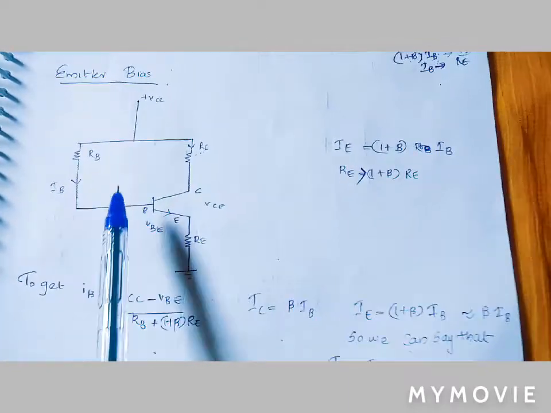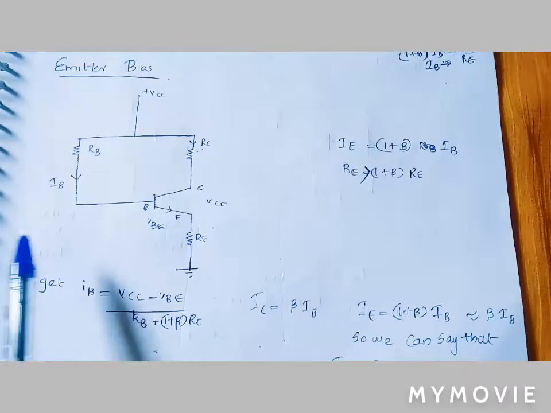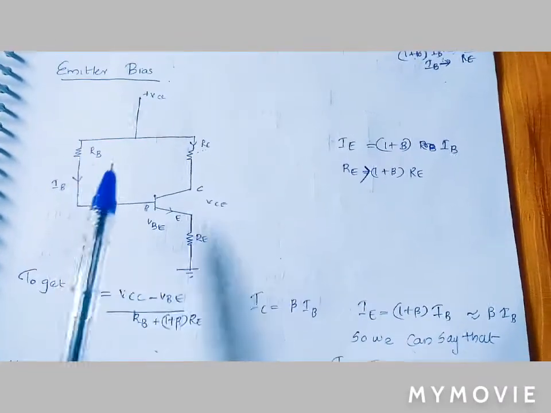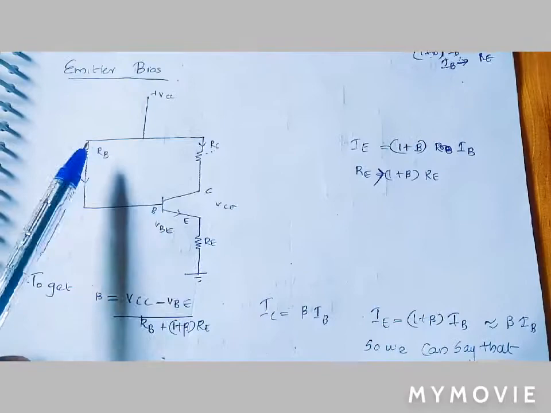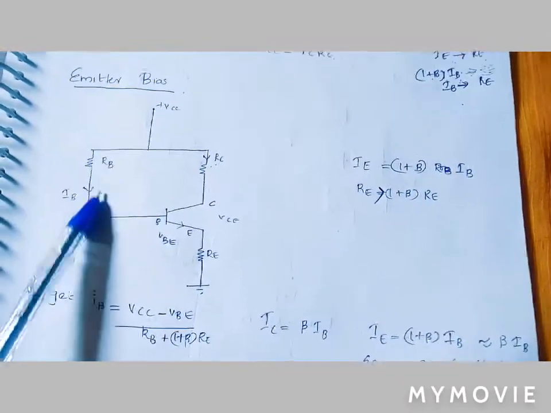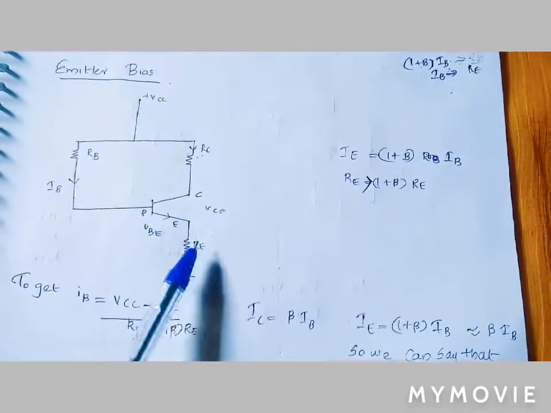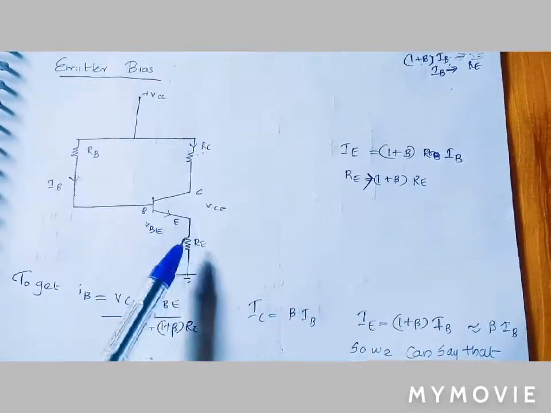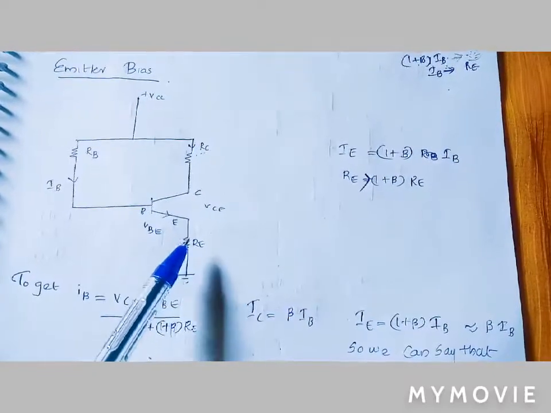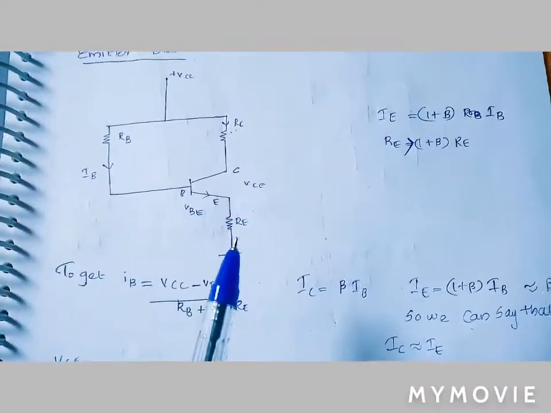So here we apply the Kirchhoff voltage law. Before that, we should understand that there is a resistance in the base, that is RB, and the current is IB. Here is the resistance in the emitter, and here the current is IE.